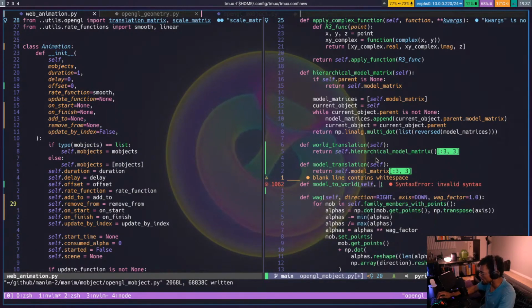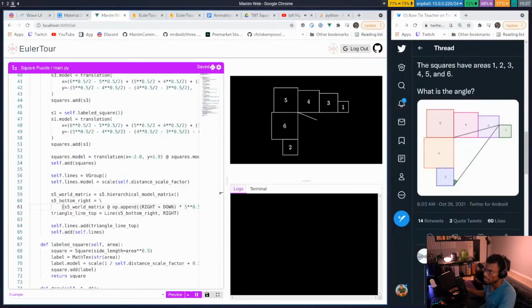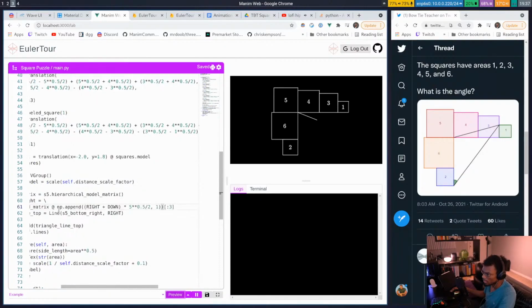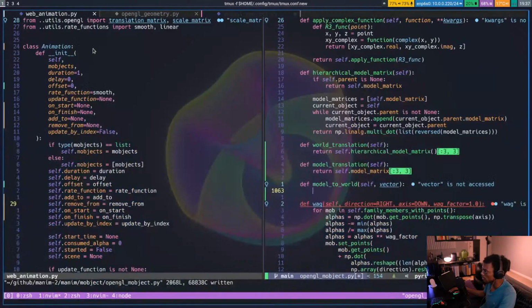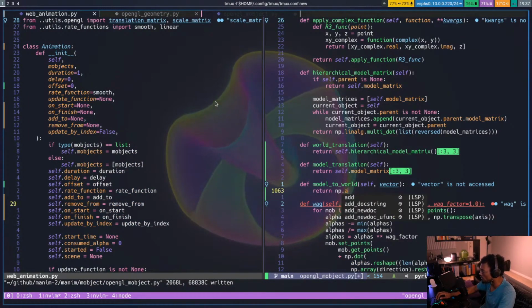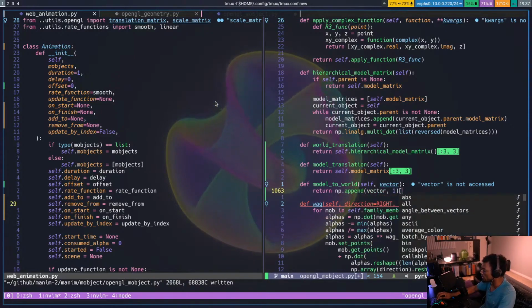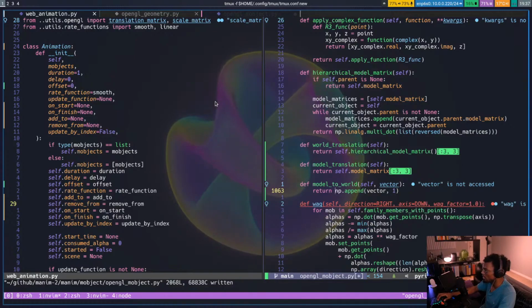And this can take a vector. And then I'll do basically this computation. np.append that with a 1. Vector comma 1. Multiply that by the whatever.